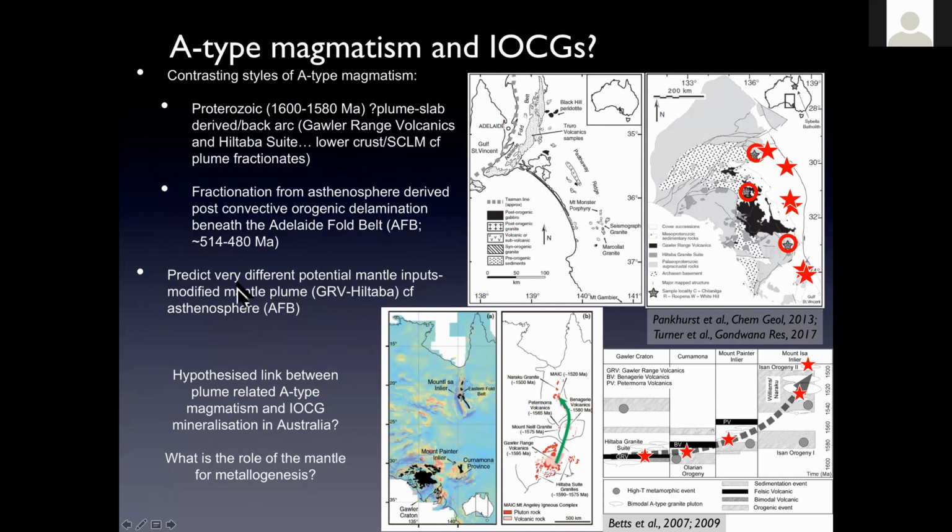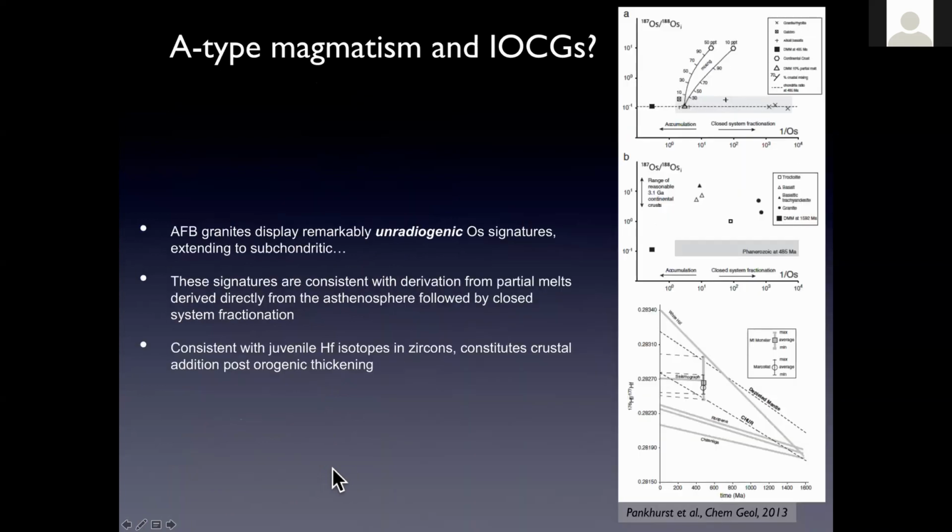So we predict, if there is any mantle input into the A-types, two very different types of mantle playing the game: one, some sort of modified mantle plume, depending on your genetic model, and the other being moderately uncontaminated asthenosphere. And the question then is, is there any role for mantle in metallogenesis?